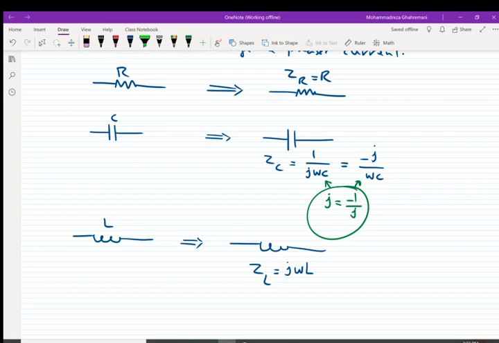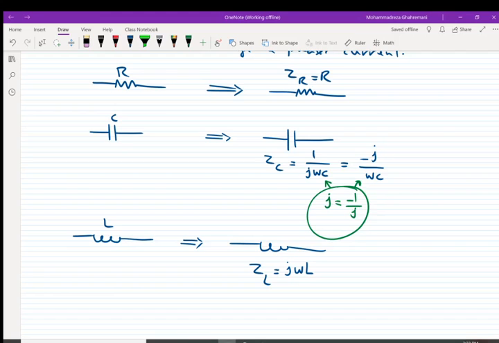So for each specific frequency, we have a different impedance. It's not like a resistor. For a resistor, regardless of the frequency, we say that the resistance is 100 ohms. We don't care what the frequency is. For frequencies from 0 to infinity, the resistance is always, for example, 100 ohms.